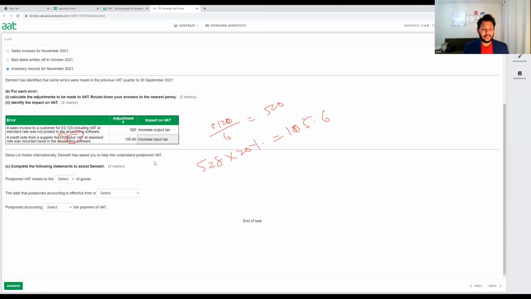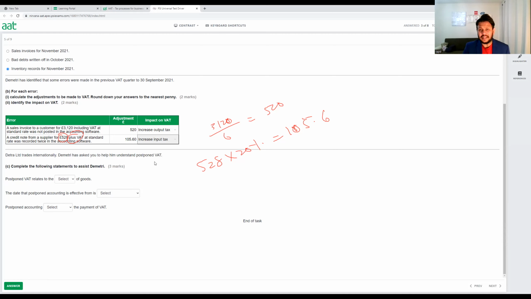There is no impact. But with this postponed VAT, HMRC said now it is possible. The person buying the goods maybe doesn't have any money to pay the VAT right now. For that reason, he can get the postponed VAT, so he doesn't have to pay the VAT to release the goods. He can actually take the goods without paying the VAT. And later on, he can show this on the VAT return, so it's going to be neutral.